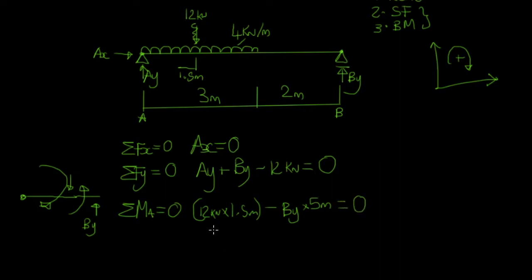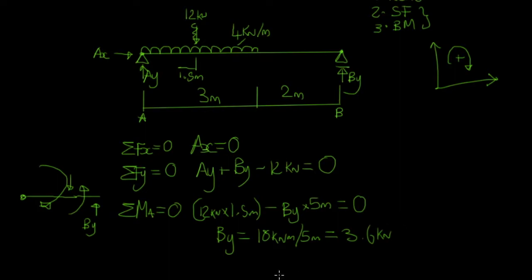If we rearrange this equation, we can find out what BY is. So BY should equal 12 times 1.5, which is 18 kilonewton meters, divided by the 5 meters from the BY, and that should give us 3.6 kilonewtons.